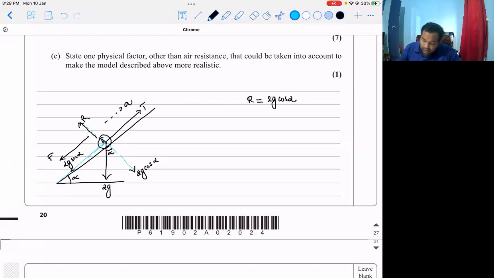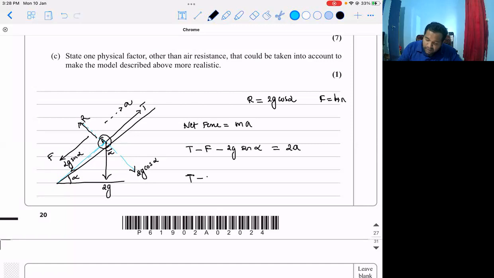If you're resolving, the normal reaction is equal to 2g cos alpha. And we know that according to Newton's second law, net force is equal to mass times acceleration. So what is the net force? T minus F minus 2g sin alpha is equal to 2 times acceleration. T is unknown, minus friction. Friction is mu times normal reaction, and mu is 1/4.